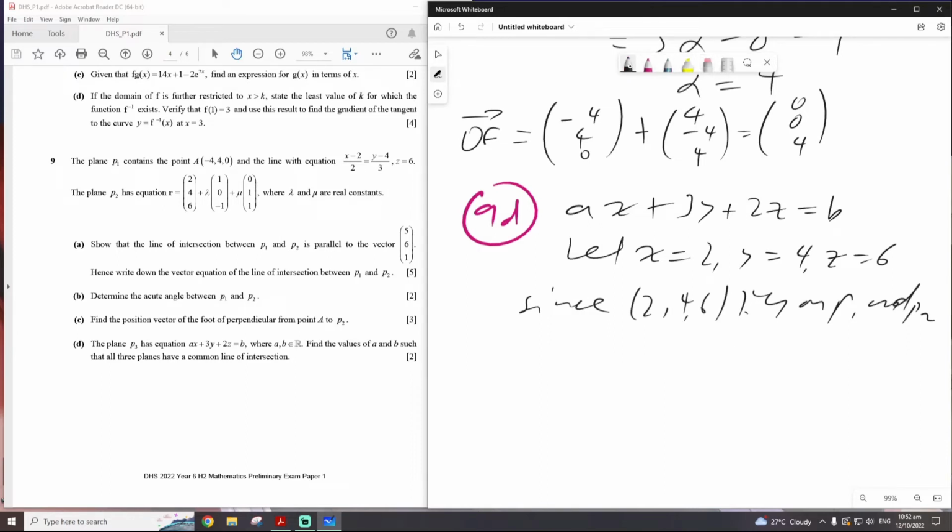Let me just write out the full thing. 2a + 12 = b. So therefore, b - 2a = 12. And what else is there? We need another piece of information.